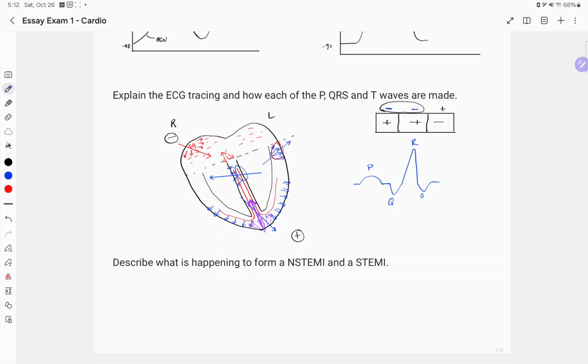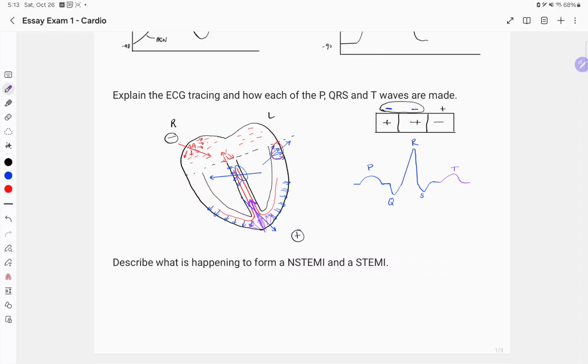And since we're dealing with repolarizing cells, there's going to be positive charges on the outside, because the charge on the inside is going to become more negative. So if you have a positive headed toward a negative, remember that that's going to come up like this, just like our P wave. And this is what we call the T wave.